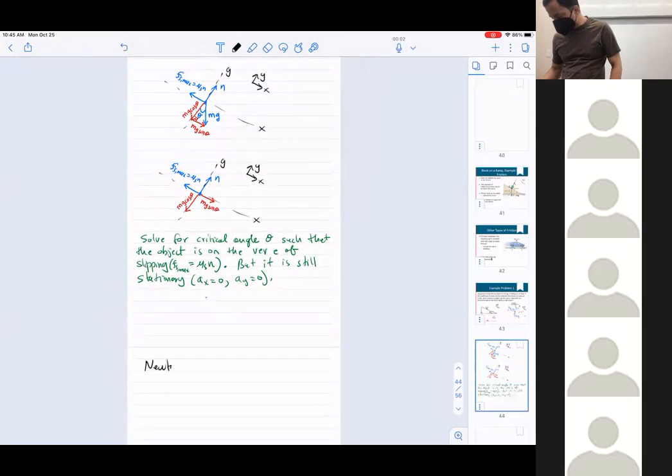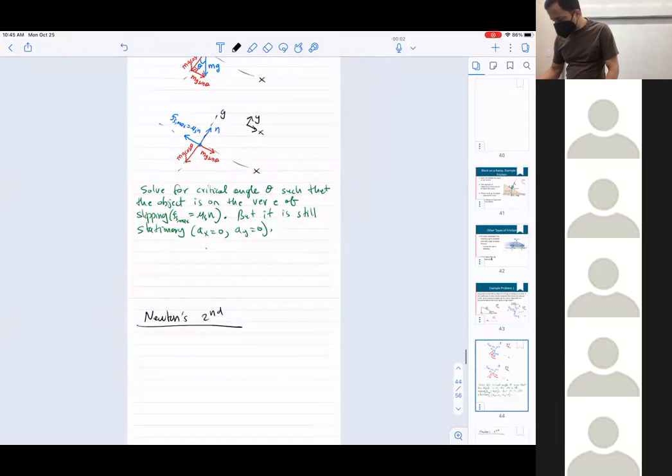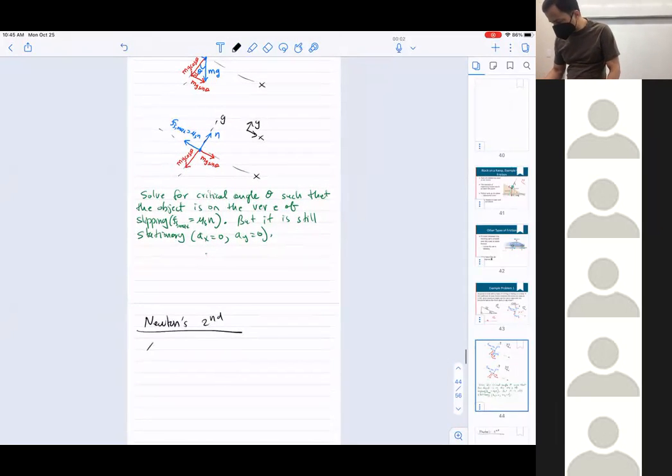Newton's second law. Again, the philosophy in all these problems is you draw the free body diagram and then you apply Newton's second law, write down the equations from Newton's second law, and solve for the variable of interest. So let me say here along the x direction, what do I get?